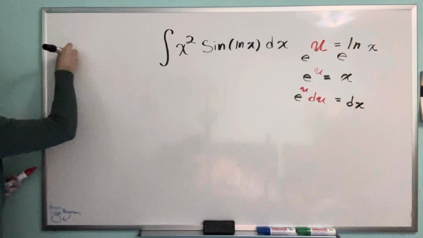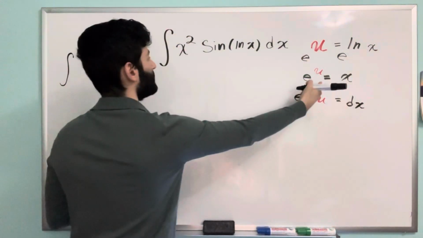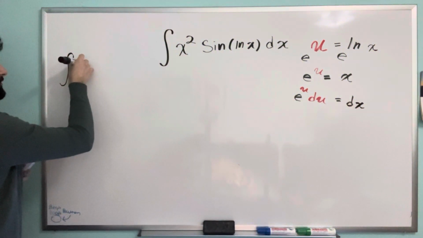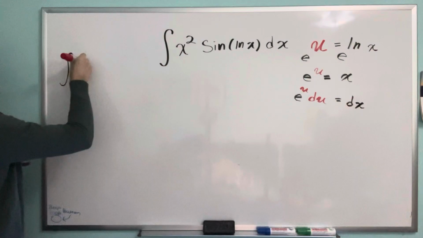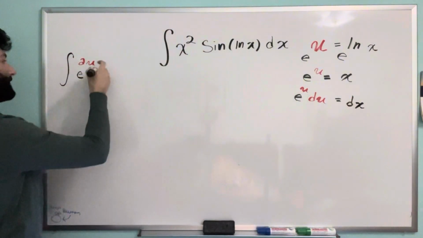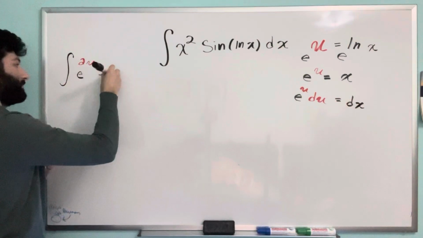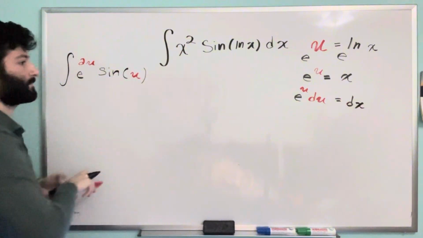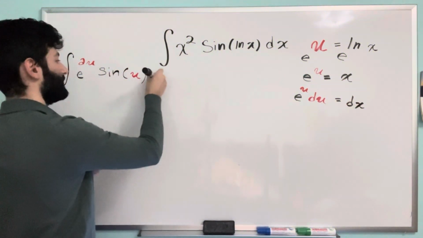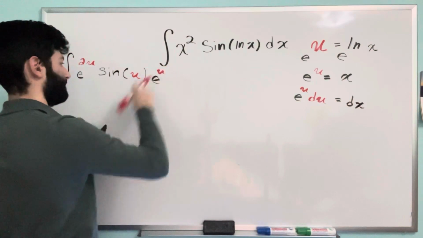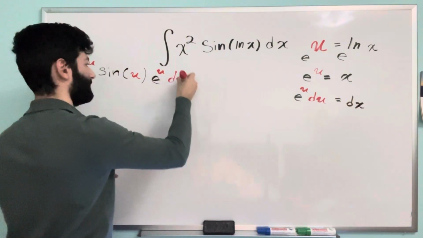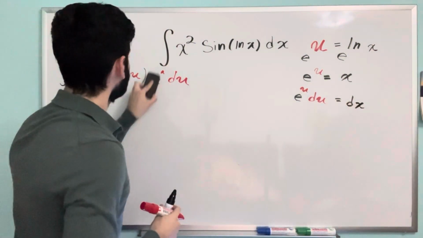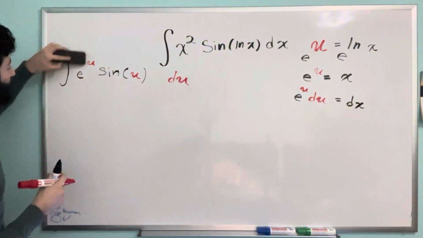We end up getting the integral of e to the u squared, which is just e to the 2u, times sine of u, and then e to the u du. This e to the u merges in with this one, and we end up getting e to the 3u.